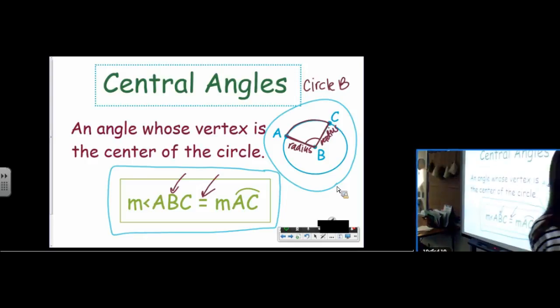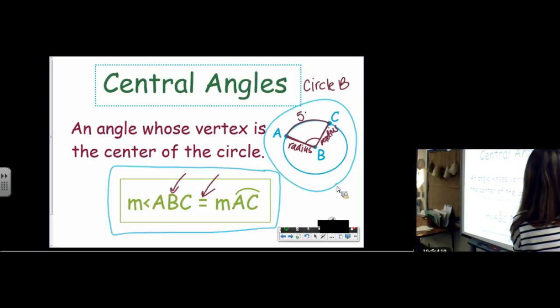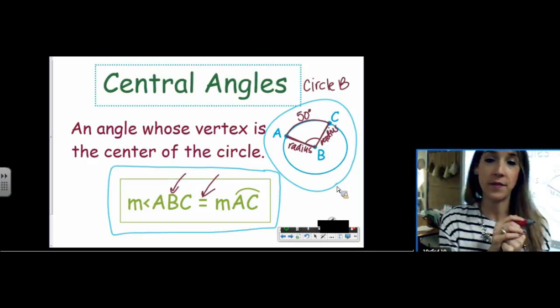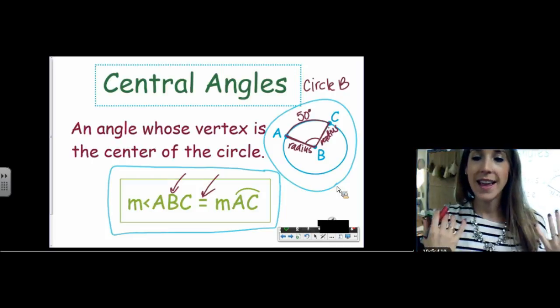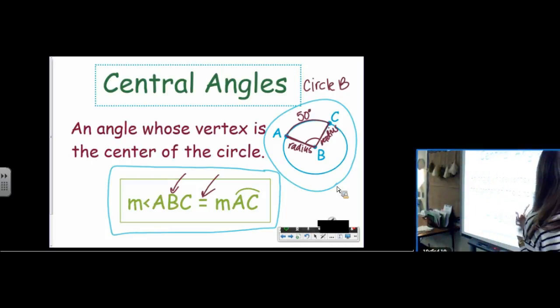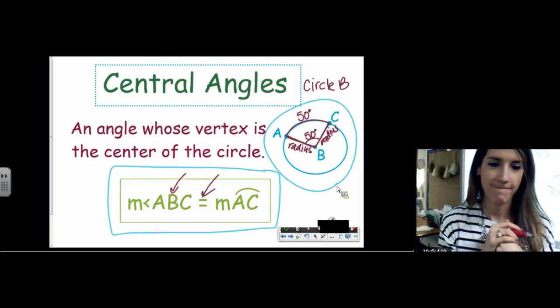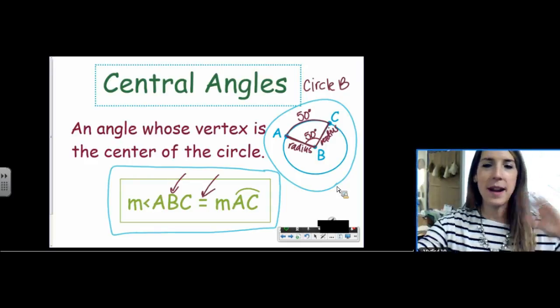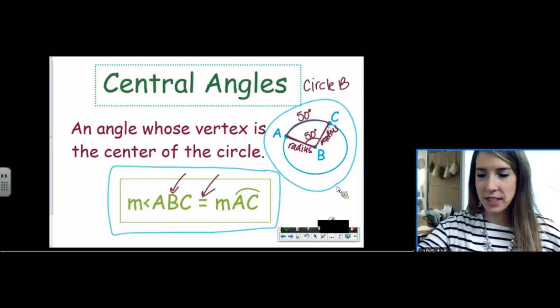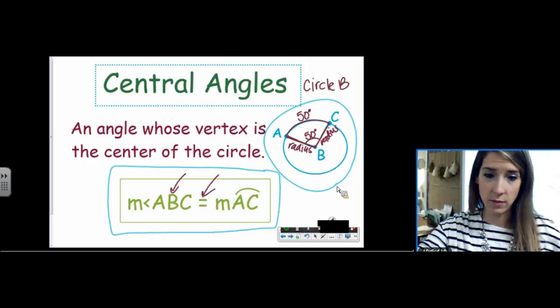So if I said that this arc had a measure of 50 degrees, then the angle would have a measure of 50 degrees. So this theorem is about as easy as it gets. The measure of the central angle simply equals the arc that it opens up to.